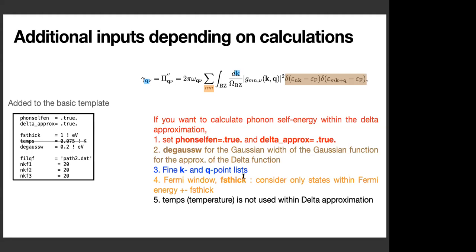In this case, if we introduce this FSC input keyword, you can consider only states within some range around the Fermi level, for example, within Fermi level plus minus FSC.